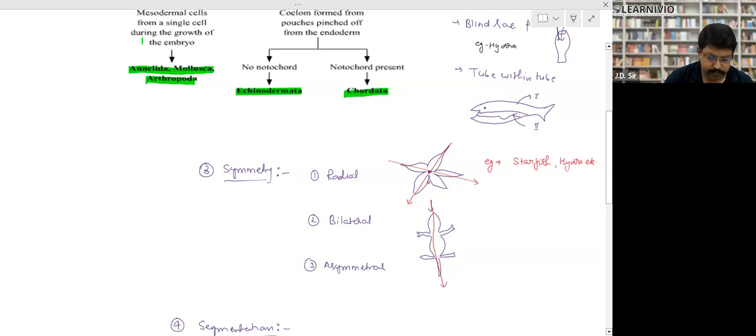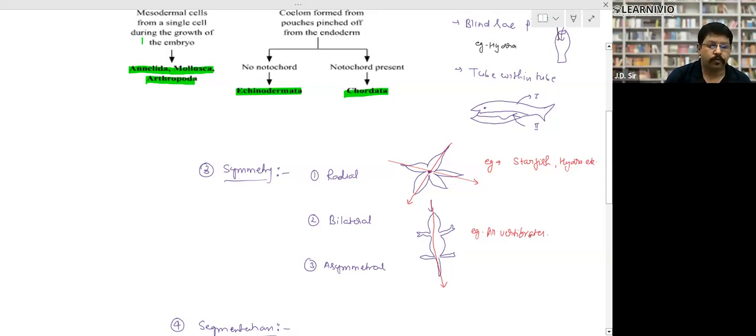Full stop. For example, all vertebrates. Right? Make the diagram.